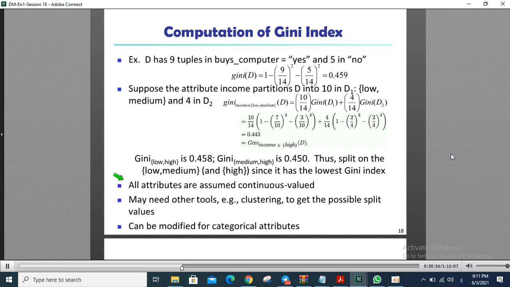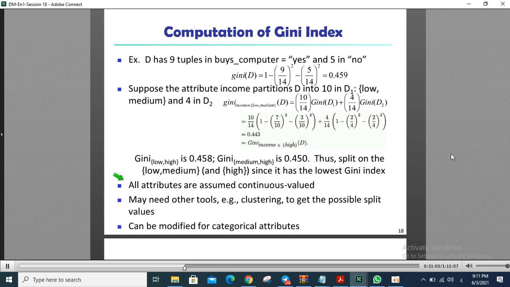So, in ID3 and C4.5, if I try to work with continuous values, I have some methods to partition those values.